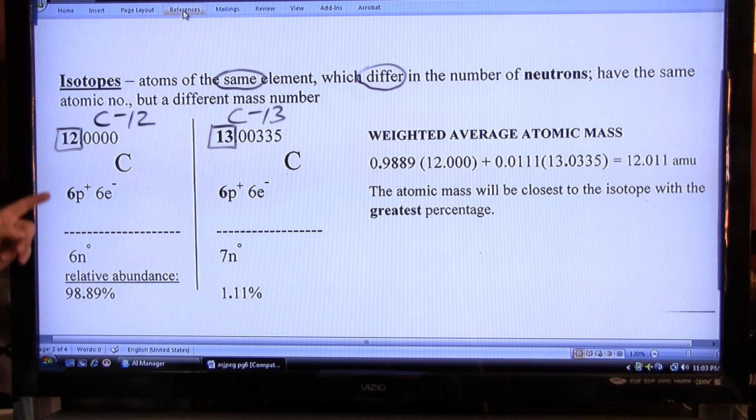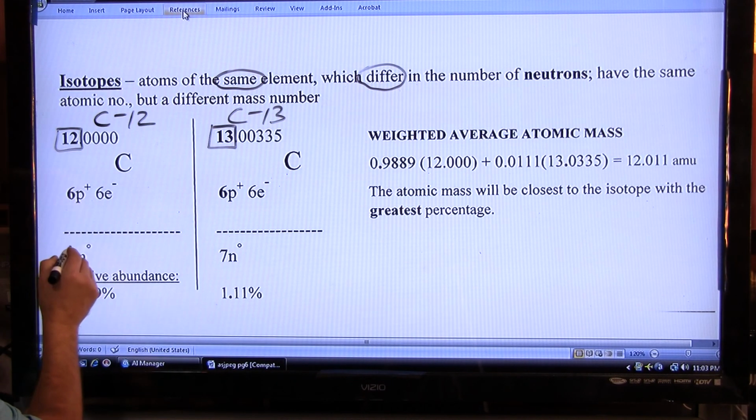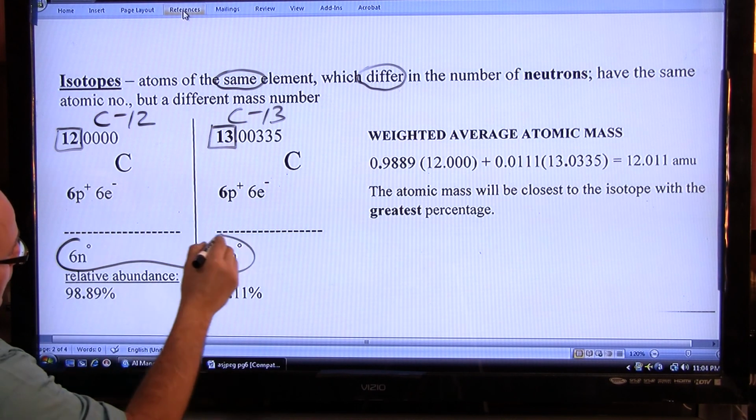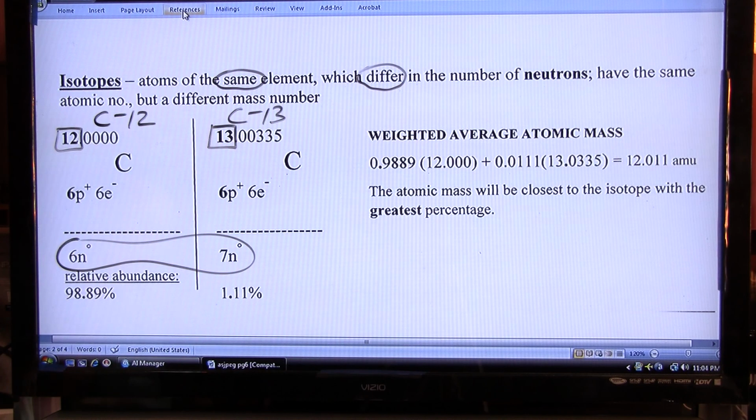And now the neutrons. 12 minus 6, 6 neutrons, and 13 minus 6, 7 neutrons. There's your key difference. So again, notice how the isotopes differ in the number of neutrons, and because of that, they will have different mass numbers.